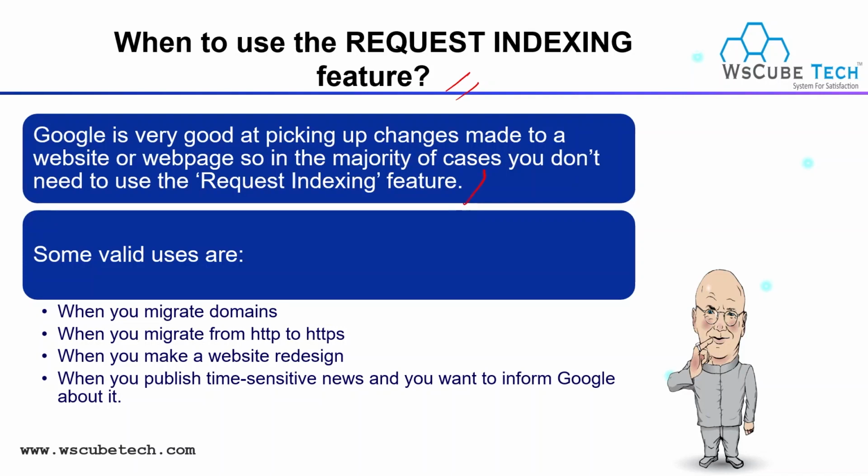Some valid uses are when you migrate a domain from HTTP to HTTPS, when you make a website redesign, or when you publish time-sensitive news and you want to inform Google about it. In those cases, you need to request indexing.